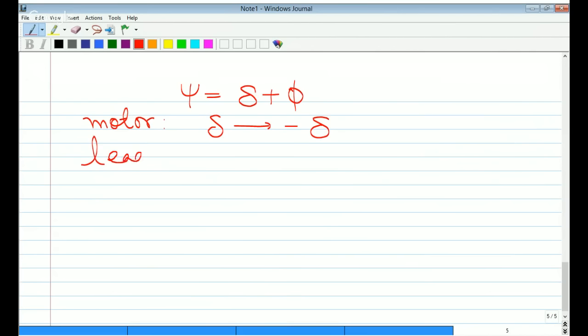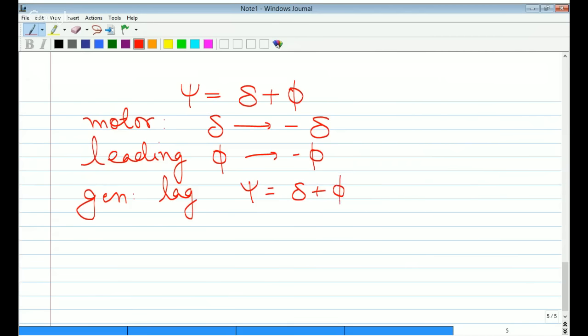For the case of leading, replace phi by minus phi. So now see, generator. For lagging power factor, psi is equal to delta plus phi. For leading power factor, psi is equal to delta minus phi.